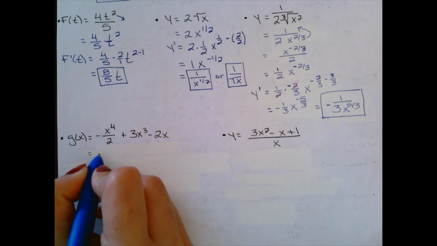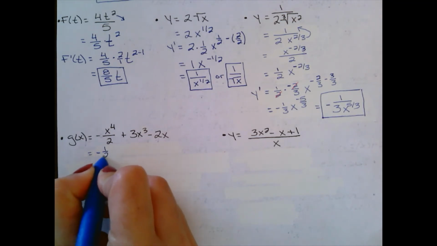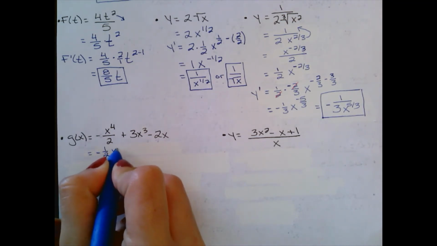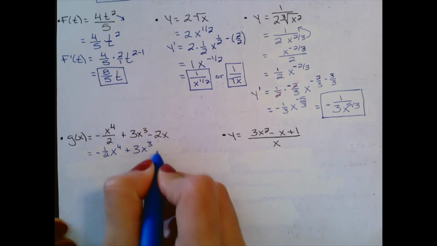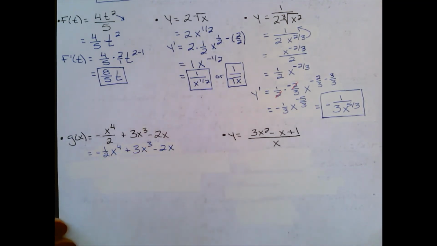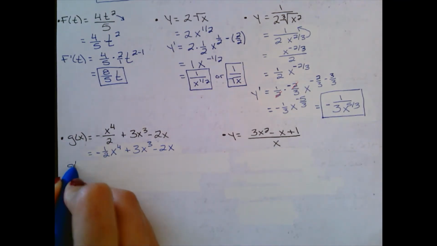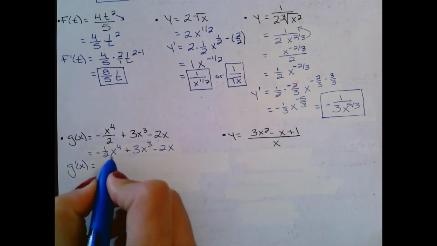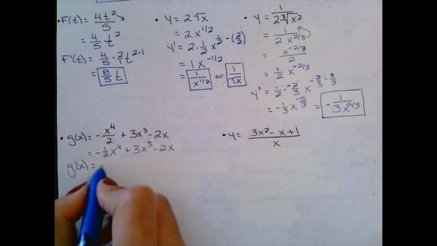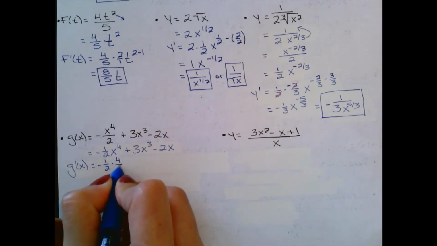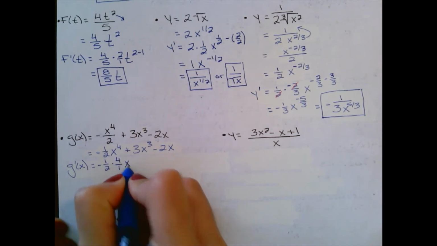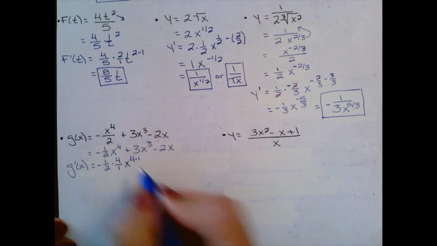So here I'm going to start off by rewriting. I'm going to change this to say negative 1/2 times x to the 4th. And then rewrite the rest so that I can do power rule. Now that I'm going to start my derivative, I'm going to write g prime of x equals, I'm going to multiply the 4 to the front, and then I'm going to subtract 1 from the 4.